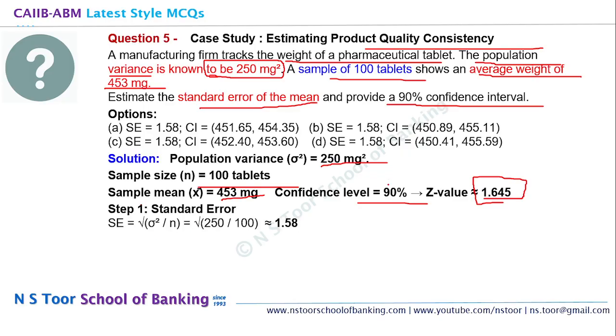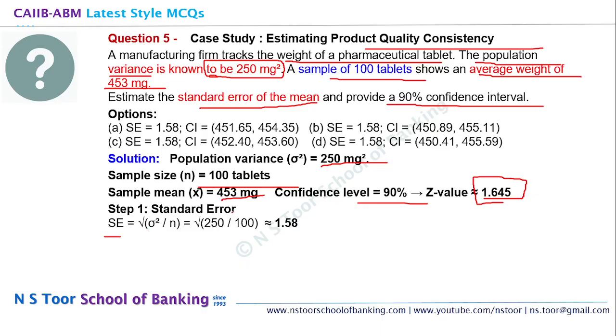Now for that purpose, they have advised us to calculate the standard error of the mean first. So firstly, we have to calculate the standard error. How will we calculate it? That is nothing but the square root of population variance divided by n, the number.